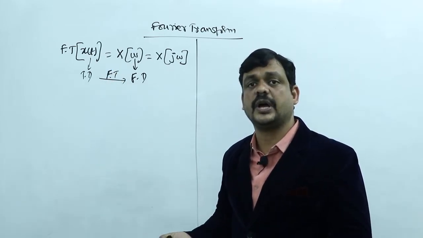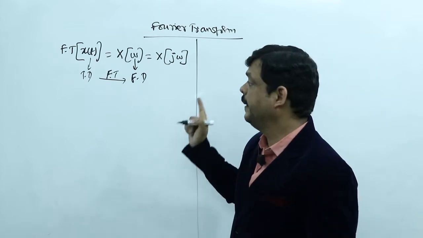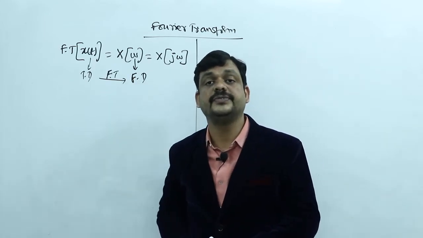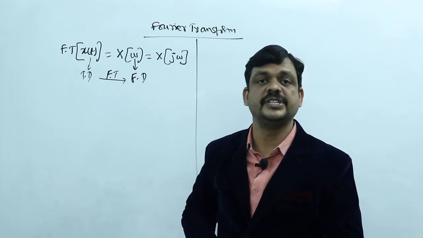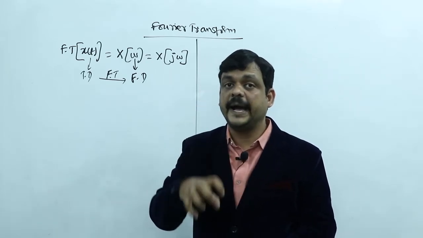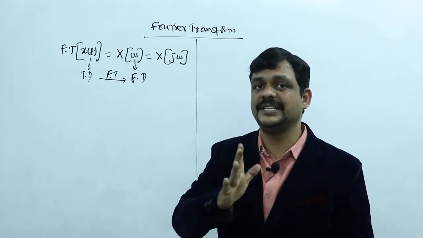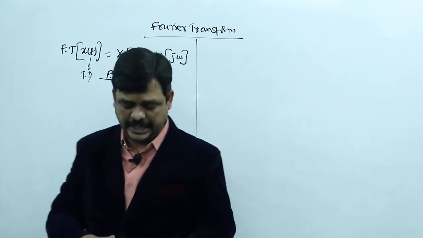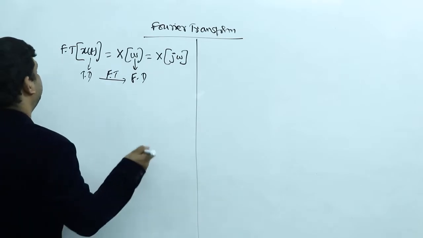Laplace transform also converts the time domain to frequency domain, but Fourier transform gives the frequency response of the signal. Frequency response is nothing but the combination of magnitude response and phase response. That is the main aim of the Fourier transform. So now I am writing that point here.